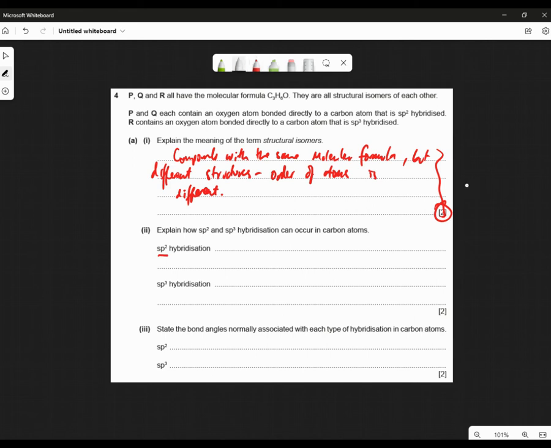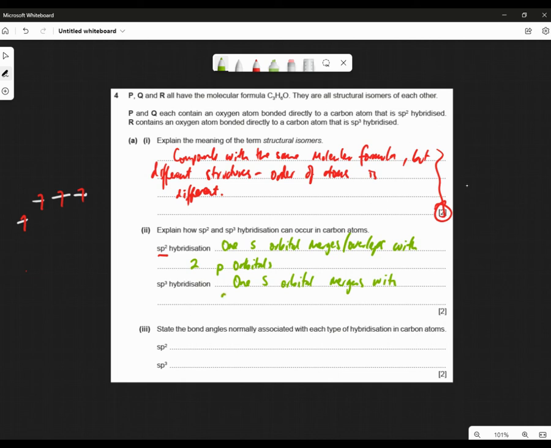If you remember, we had an s and 3 p's. sp2 is when one s orbital merges or overlaps, that's another word they often use, with 2 p orbitals. sp3 hybridization is 1 s orbital merging with 3 p orbitals.